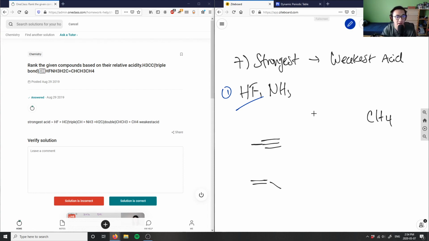If you look at our compounds here, it depends on the relative acidity, right? So again, NH3 here basically behaves as a weak base, right? We know the Kb of ammonia here is 1.8 times 10 to the negative 5.